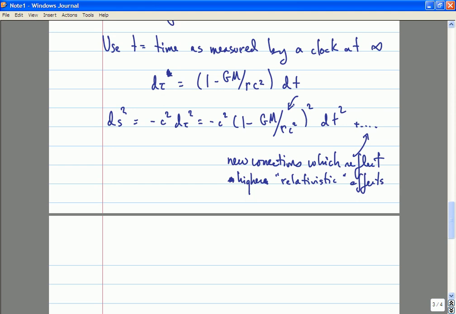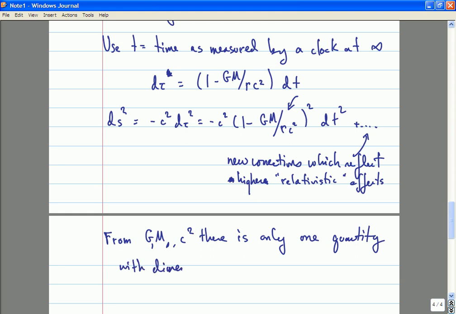And so from G, M, and c squared, there is only one quantity with dimensions of length that one can form, and that is the ratio GM over c squared.